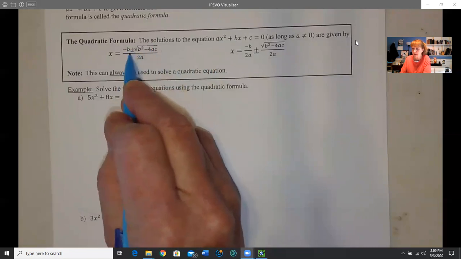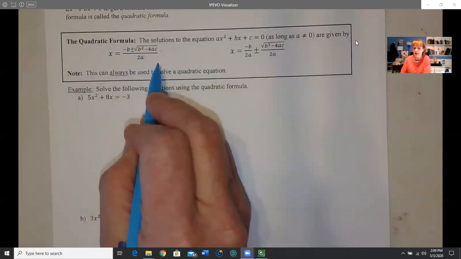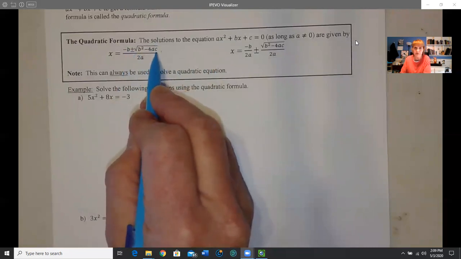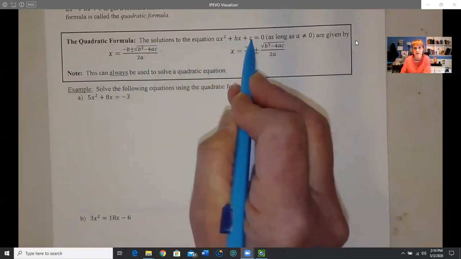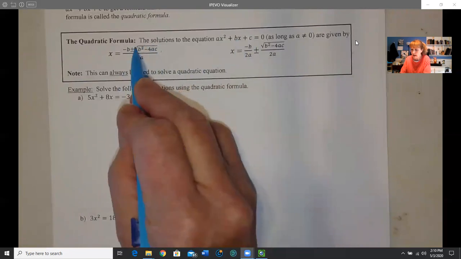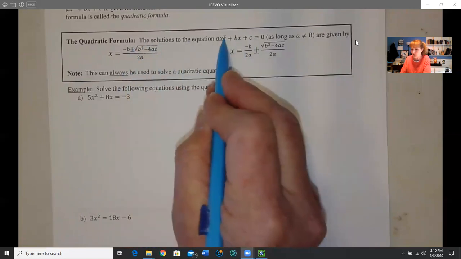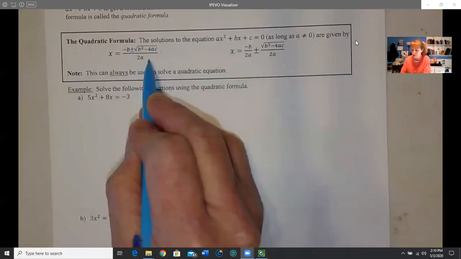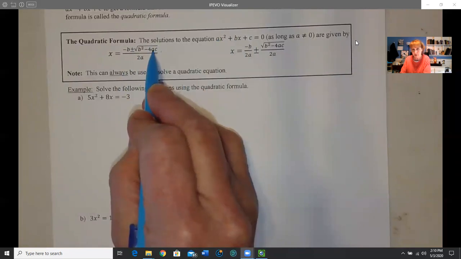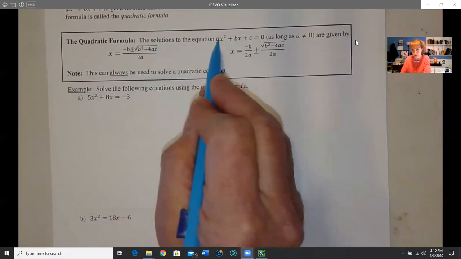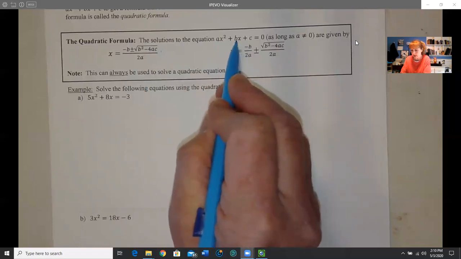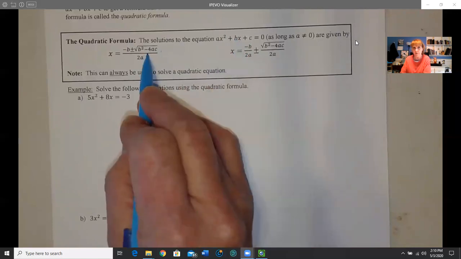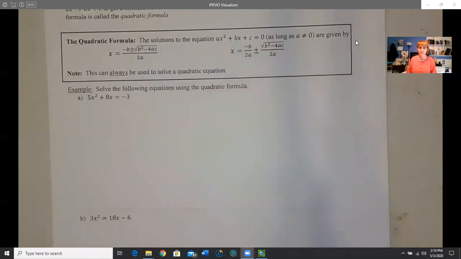These represent the numbers in front of the x squared, the numbers in front of the x to the first, and then your c is your constant. So don't include x squared with the a. When we're talking about the a or the b in our formula, it's just the number in front. Don't try to put the x into the formula, because then you have a nightmare.